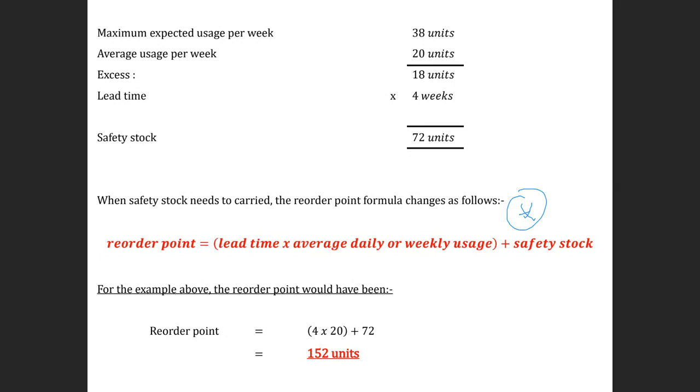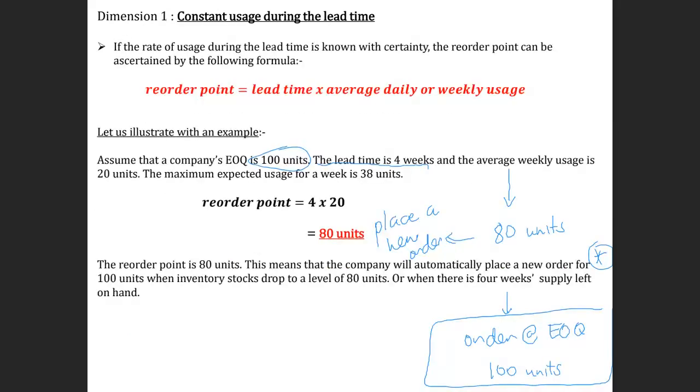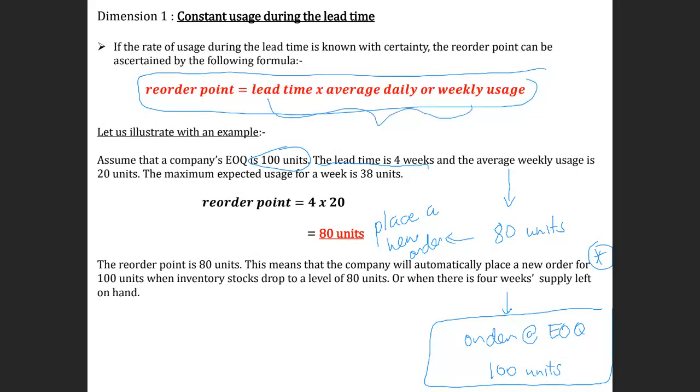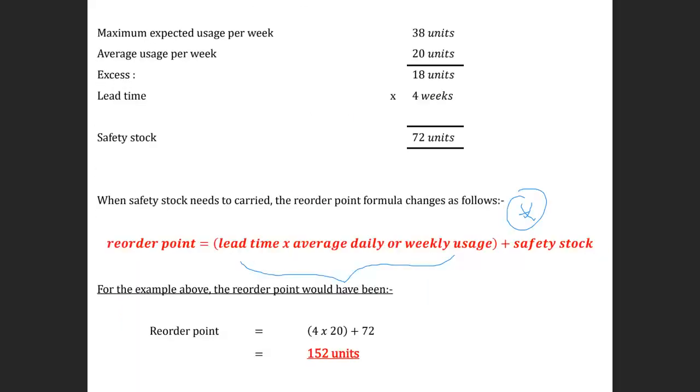It's also very similar to under constant usage. The first part within brackets here is exactly the same as the one we saw here. It's taking your lead time and multiplying it by the average daily or weekly usage. So as you can see here, lead time multiplied by your average daily or weekly usage.